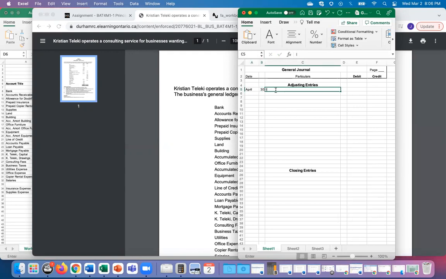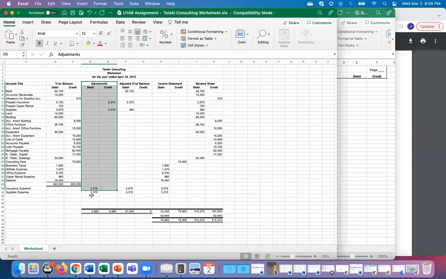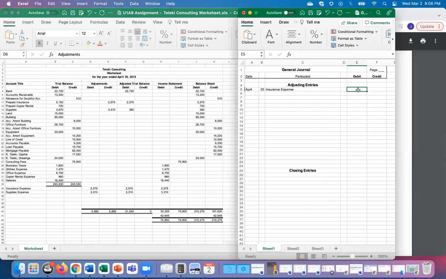And our insurance expense is our debit for this transaction. And the number I'm already forgetting was 2,575. So that goes there. And then we just got to load in our credit, which was our prepaid insurance.